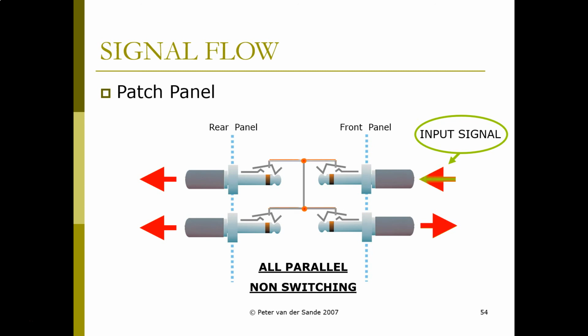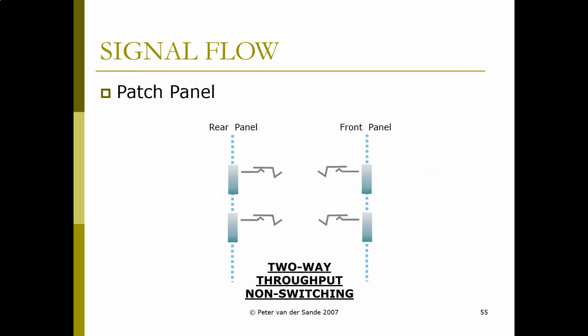The other way that you would look at a patch panel is a 2-way throughput non-switching. And in this case, you don't connect all 4 of the jacks together. You only connect the top two and the bottom two individually.